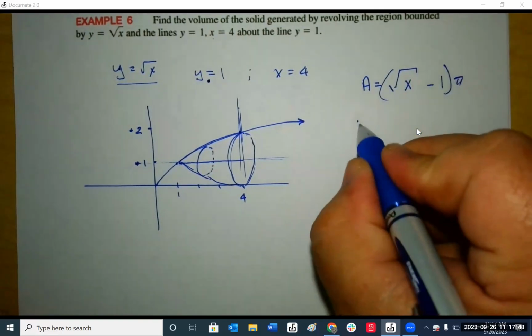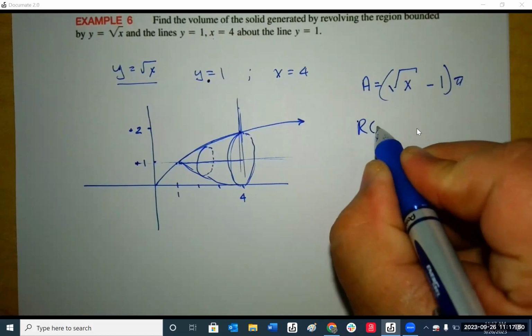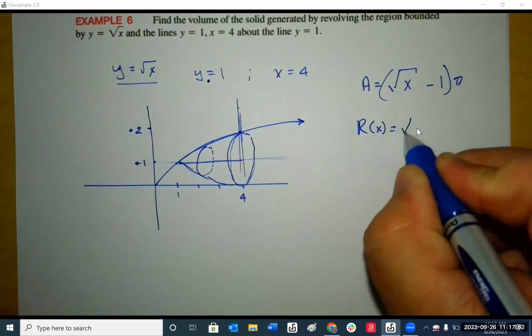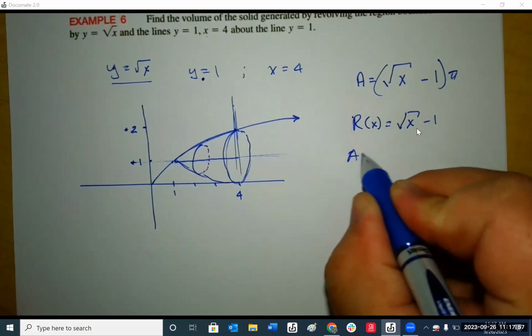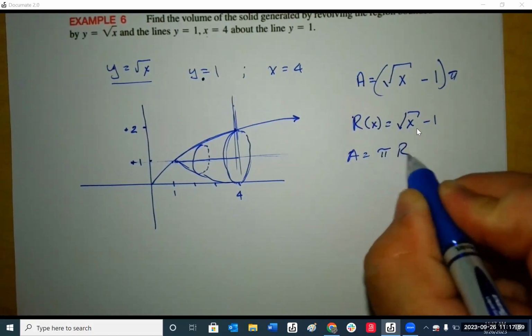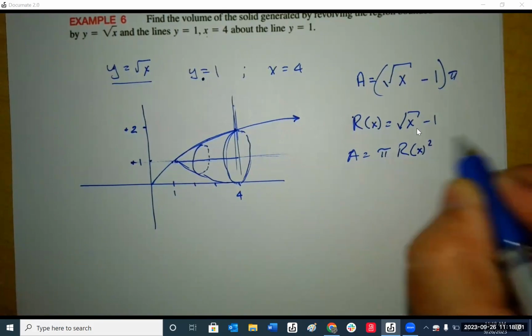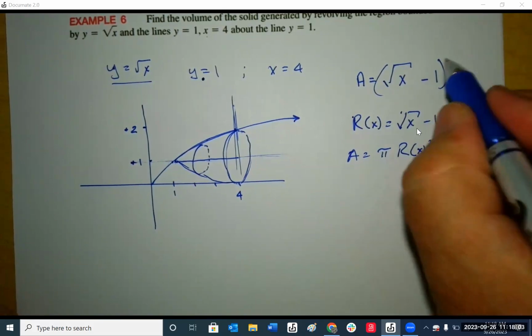This is our radius. Our radius is radical x minus 1, pi r squared. So we have to square this.